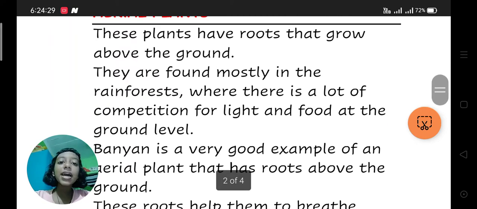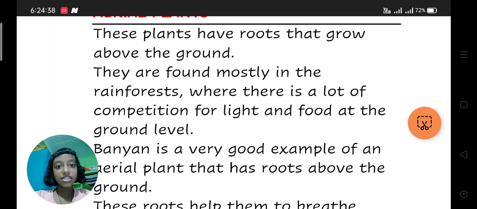Now these types of plants are mostly found in the rainforest or evergreen forest, where there is a lot of competition for light and food at the ground level. These plants have roots under the ground also, but the main roots are found above the ground.